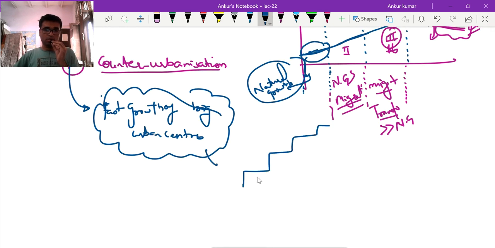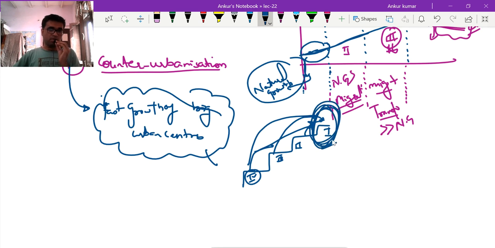Let us say this is a class 1 city, this is class 2, this is class 3, and this is class 4. From class 4 people are not migrating to class 3, they are directly migrating to class 1 cities, the big cities. Similarly, from class 3 they are not migrating to class 2 but to class 1. So this is leading to the creation of very big centers like Delhi, Mumbai, and in Western India. So this rapid growth of urban centers is the metropolization, and it is a feature of developing countries.